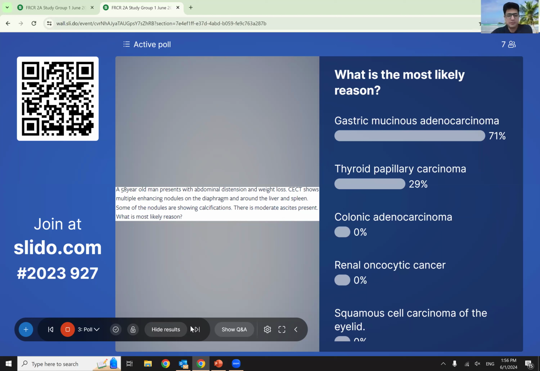So that's the third point. There will be subtle differences. Your main knowledge will sway you in a different direction, but there'll be something in the question which changes the answer completely. As a general rule, any malignancy in the abdomen, from the diaphragm all the way down to the pelvis, can cause peritoneal carcinomatosis.